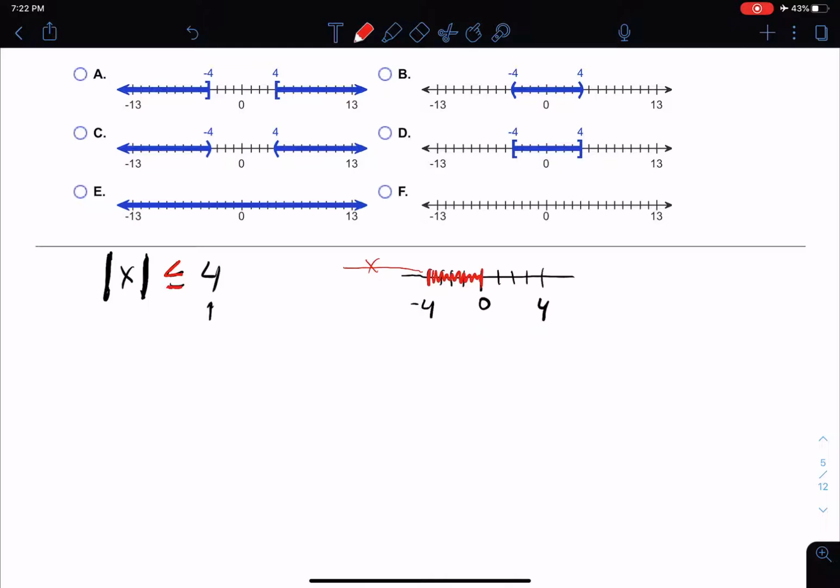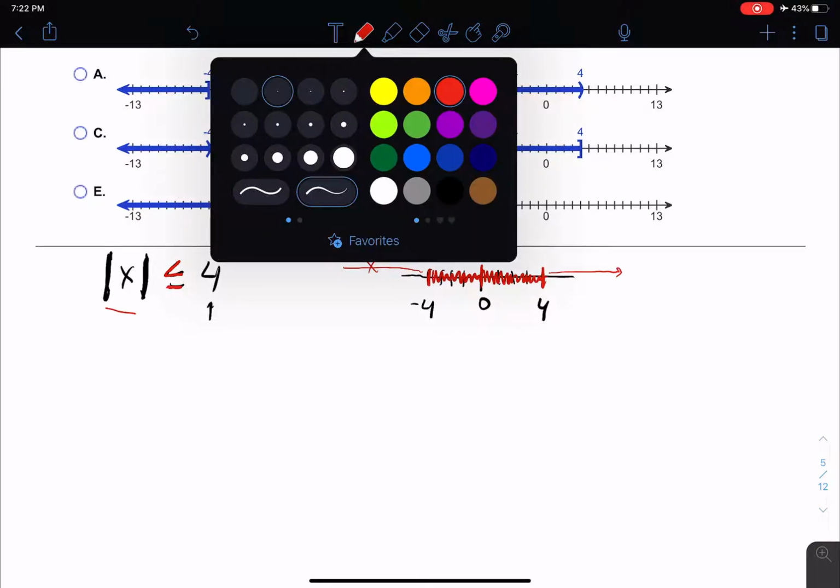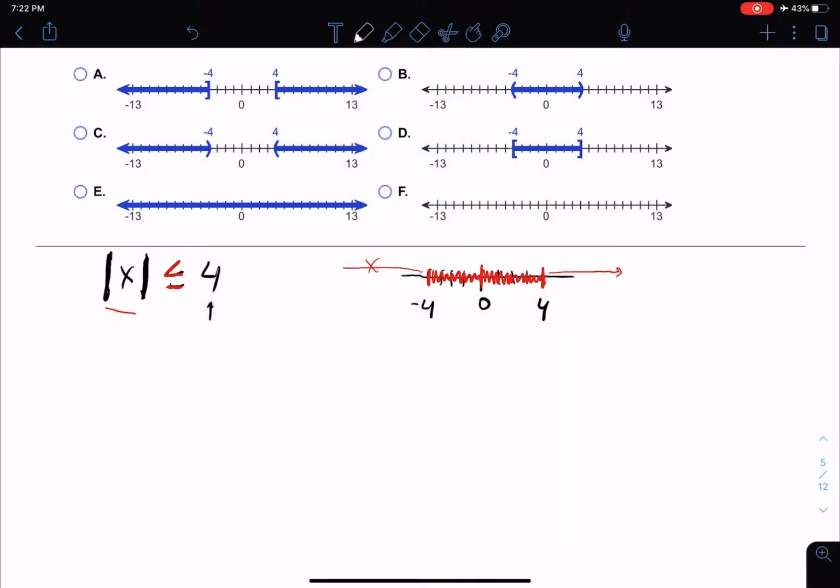So now, once again, I'm looking for the x values that have a distance less than or equal to 4. Well, the distance that's exactly 4 is right here. Greater than 4 away from 0 is out there. So less than 4 from 0 to 4 is all that stuff. So that helps us to understand what's going on, right?